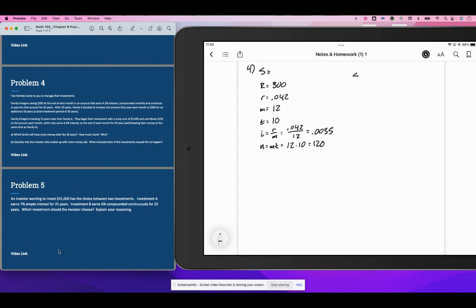So our future value of an annuity formula, we've got S equals 300 times 1 plus 0.0035 to the power of 120 minus 1, over 0.0035.